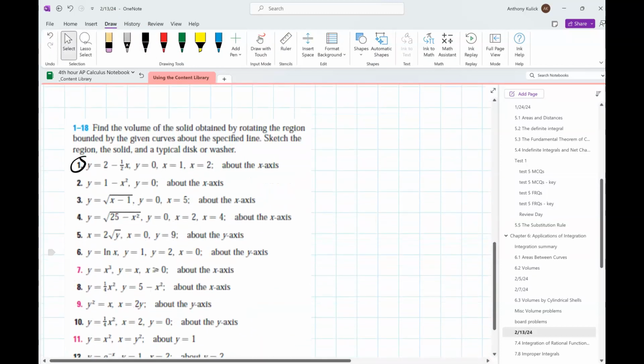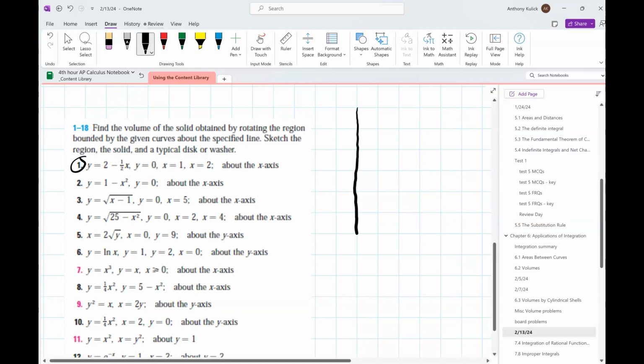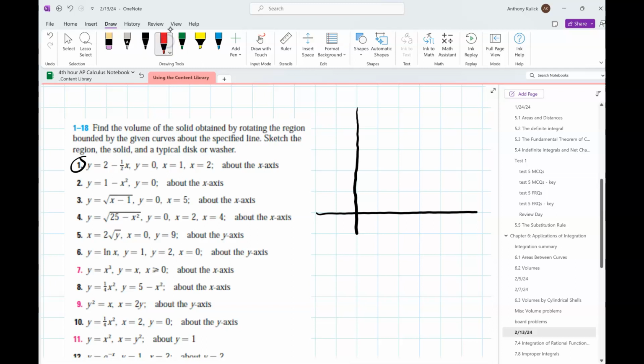All right. It says find the volume of the solid obtained by rotating the region bounded by the given curves about the specified line. Sketch the region, the solid, the typical disc or washer. I'm probably just going to sketch the picture and then find the volume and not skip some of the other stuff. Is that okay with you, Knowles? Yeah. All right.